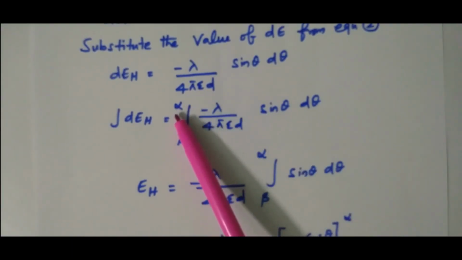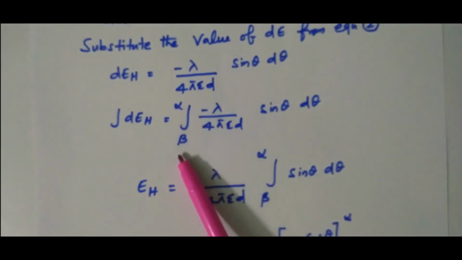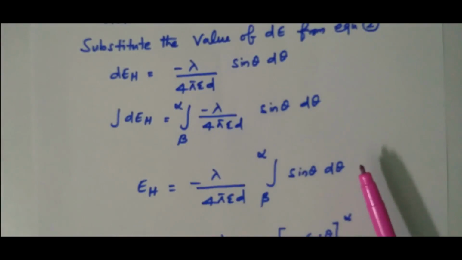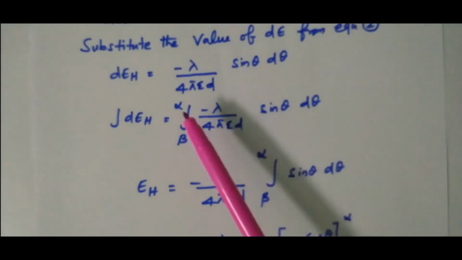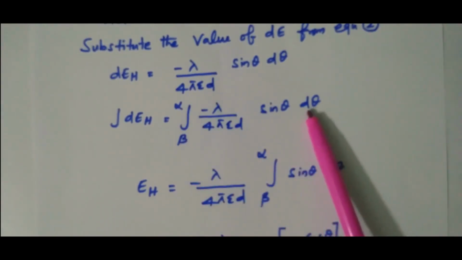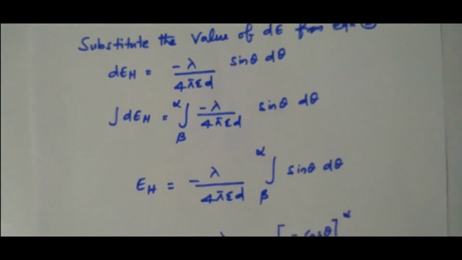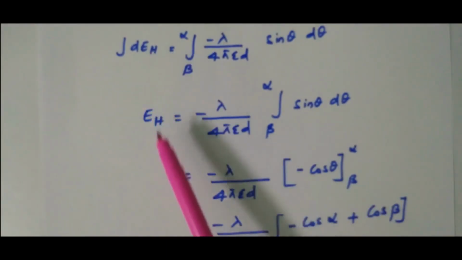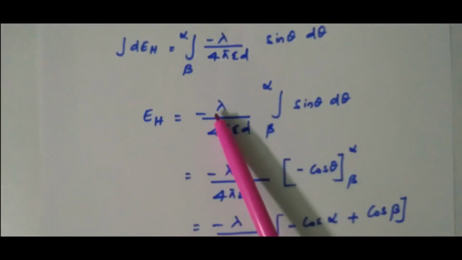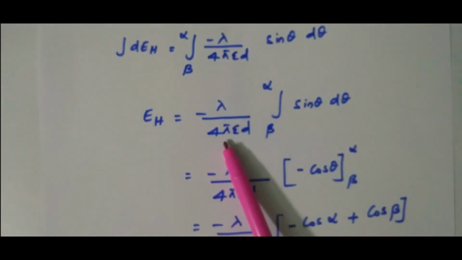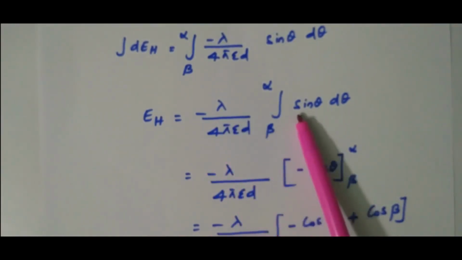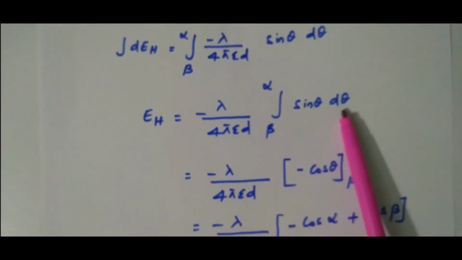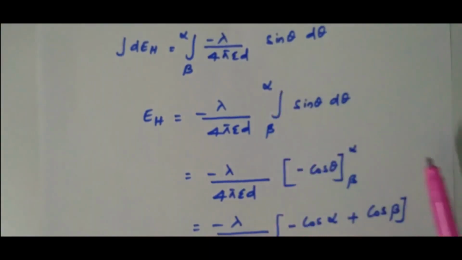For point A the equivalent angle is alpha, and for point B the equivalent angle is beta. So we are taking beta to alpha. Instead of length we are taking the angle because the integration is with respect to theta. Now EH is minus lambda divided by 4 pi epsilon d, which is constant. We only need to integrate sin theta d theta with limit beta to alpha.